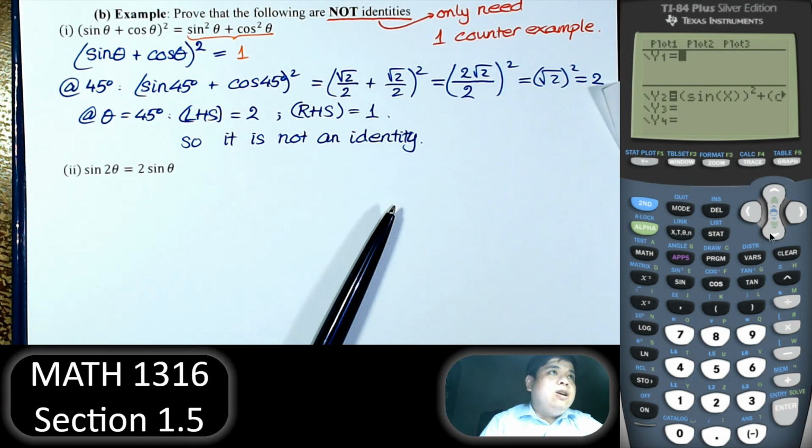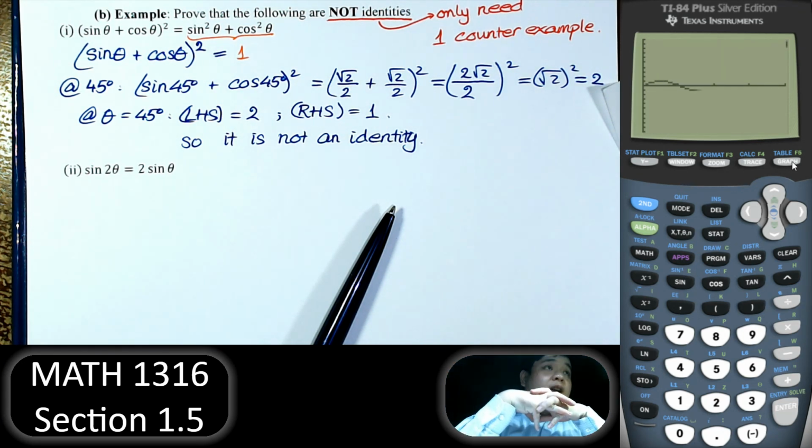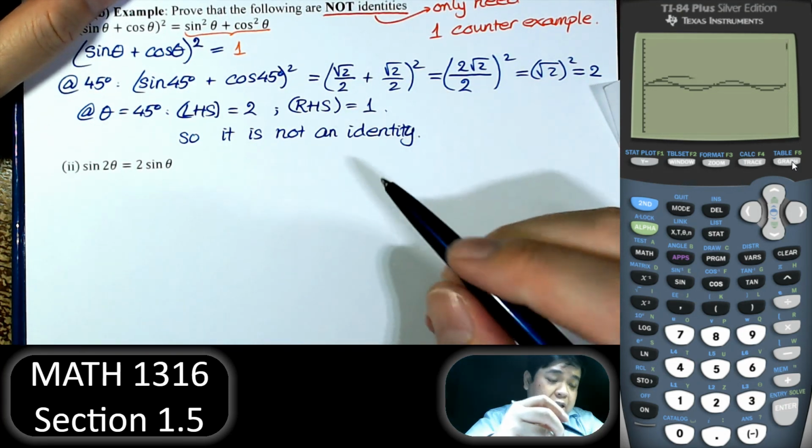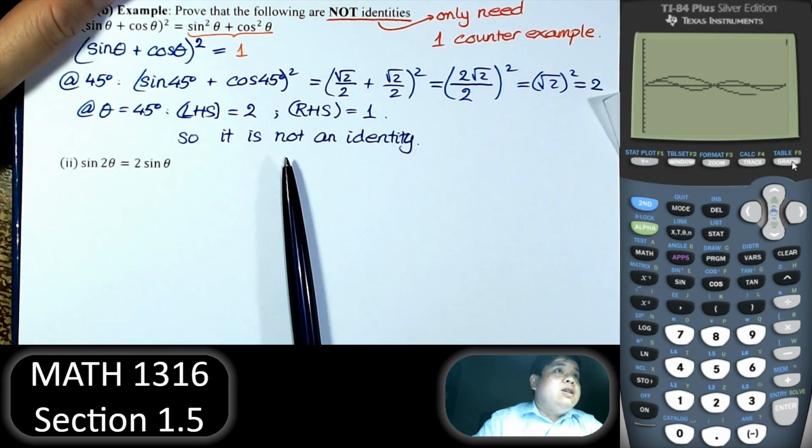Right, next one we have sine of 2 theta and then 2 sine theta. Right. Sine of 2 theta looks like that, and 2 sine theta looks like that.